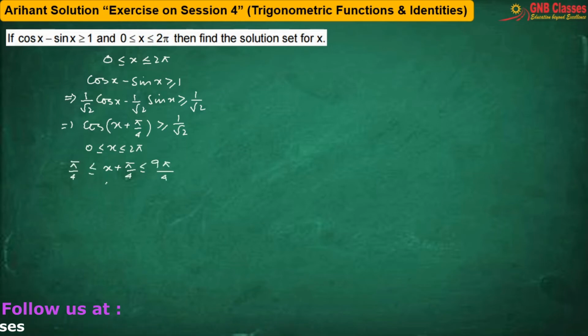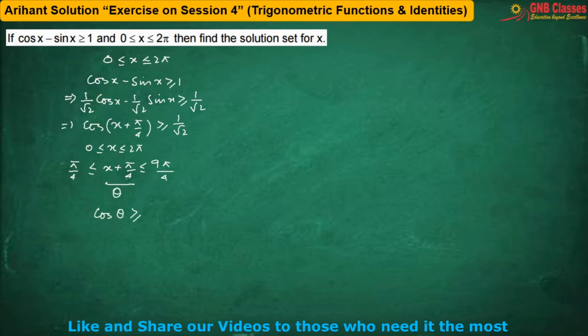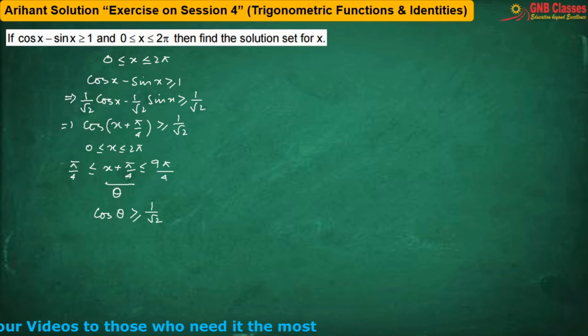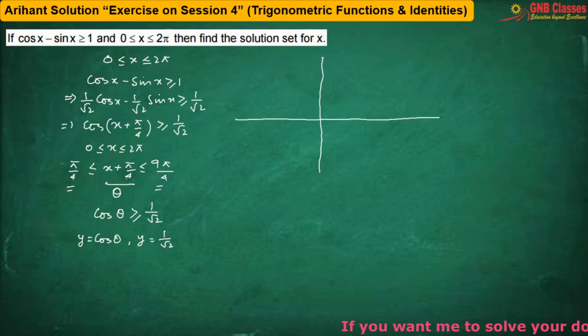Let me treat x plus pi by 4 as theta. So we are having the inequation as cos theta is greater than equals to 1 by root 2. Is it clear? Now let me draw the graph. Graph of what? Graph of y equals to cos theta and y equals to 1 by root 2 between the range pi by 4 and 9 pi by 4.